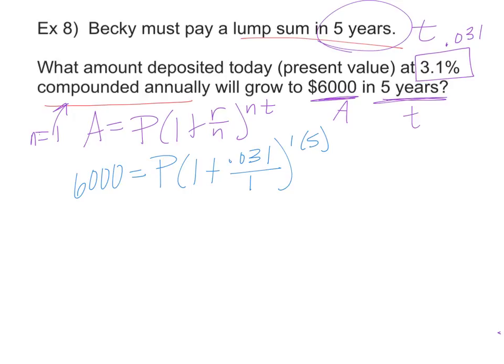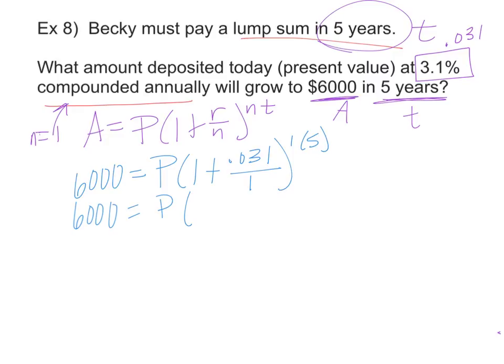So for this one, we're going to do a little bit of figuring first, because my goal here is to get this P by itself. So I want to get rid of all of the business that's with it. Now look at all these ones in there. We can clean this up and make this easier to work with. So I now have 6,000 is equal to P. 0.031 divided by 1 is just 0.031. 1 times 5 is 5.